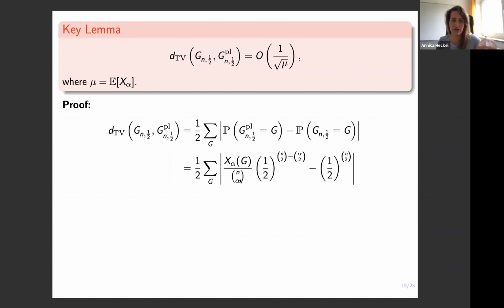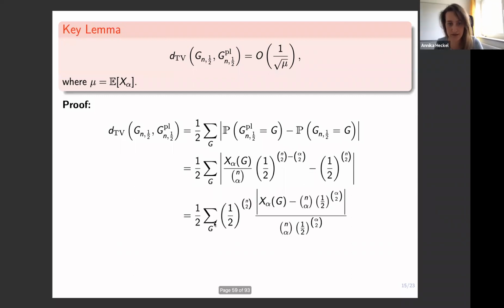And 1 over n choose alpha is the probability that we pick this particular alpha set. And then all the remaining edges, of which there are n choose 2 minus alpha choose 2, have to come out correctly, so either present or not present. So that's this term. Okay, and that's it. So now let's rearrange the terms.